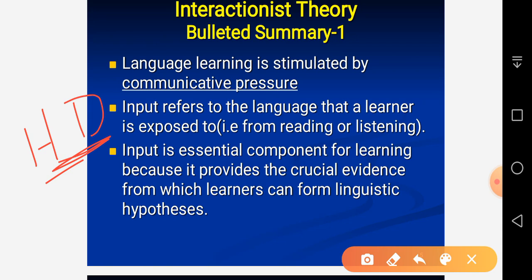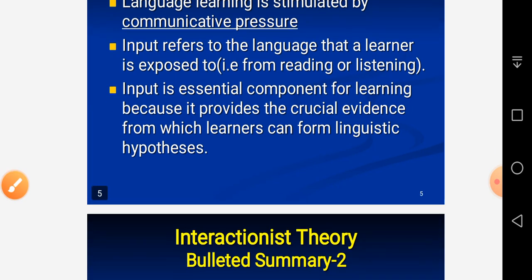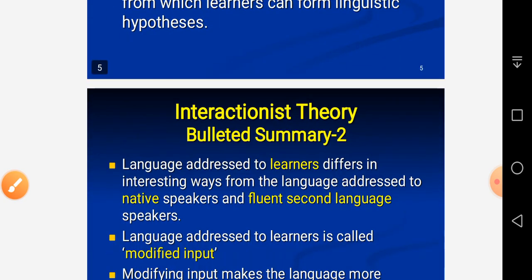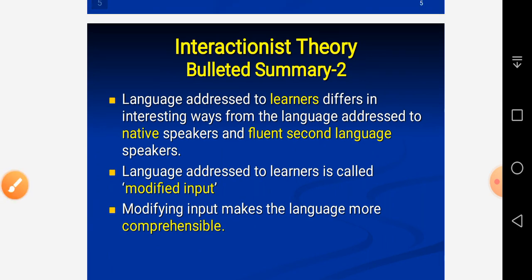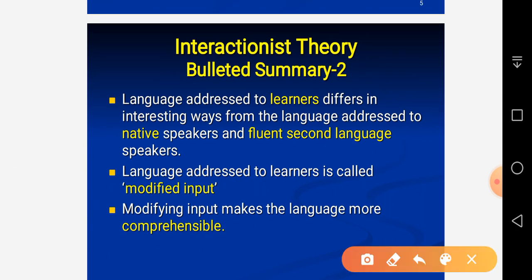And if the input given to the learner doesn't tally with the language at the deep level in the mind, the hypothesis is rejected. So input is very much important. Let me move forward. Now, interactionist theory, I'm sharing with you the bullet summary of chapter 10.